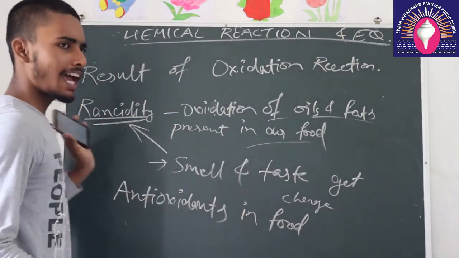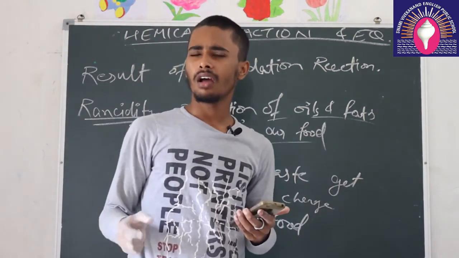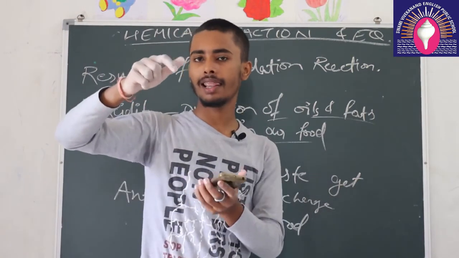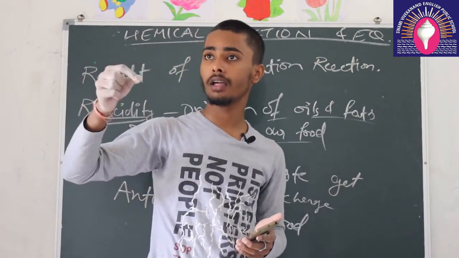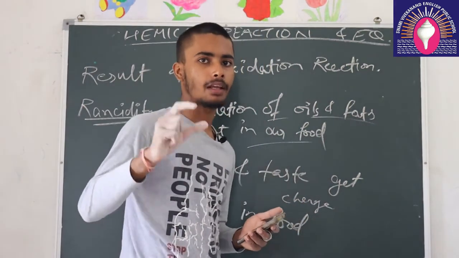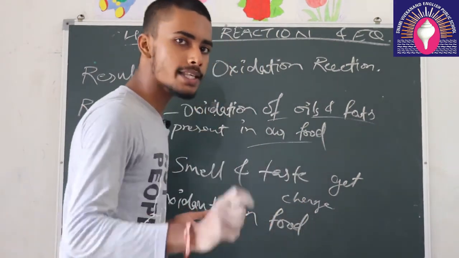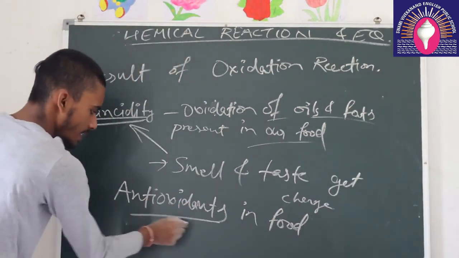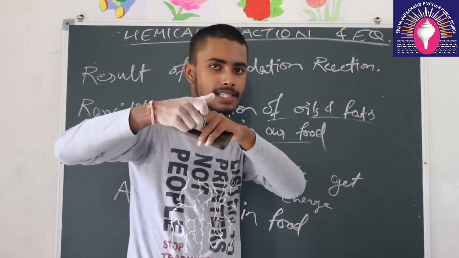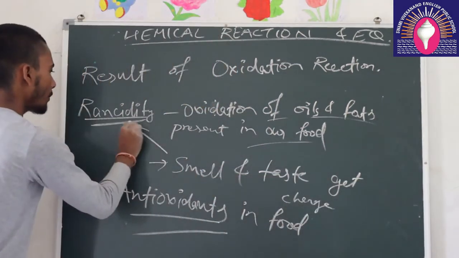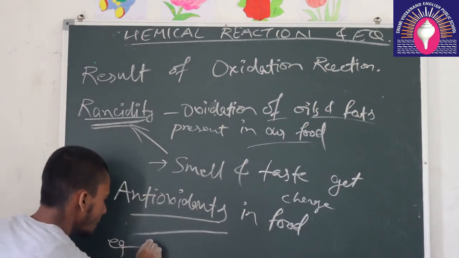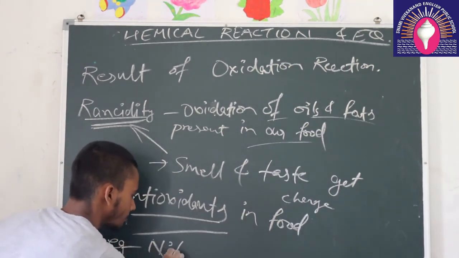Like you have all seen a gas that is found in packed food, like Kurkure or Lays. In that packet there is some air. That air is nothing other than antioxidants which prevent the food particles from becoming rancid, from becoming oxidized. The example of antioxidants is nitrogen gas.